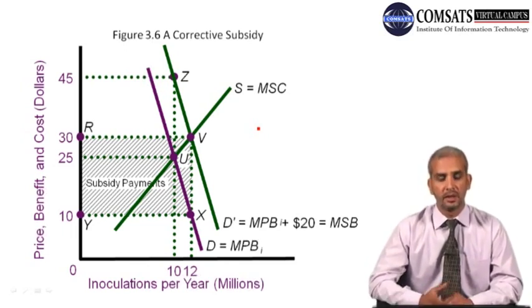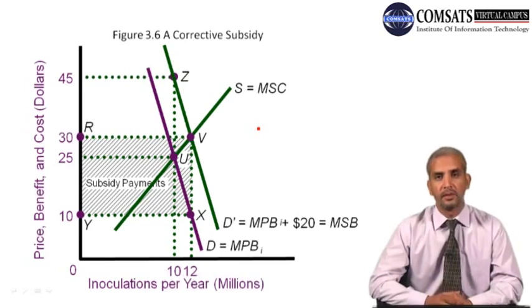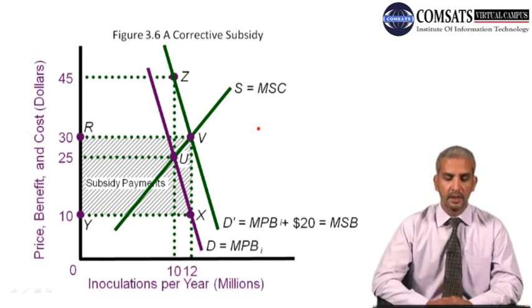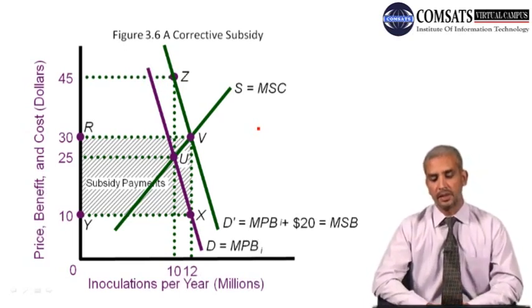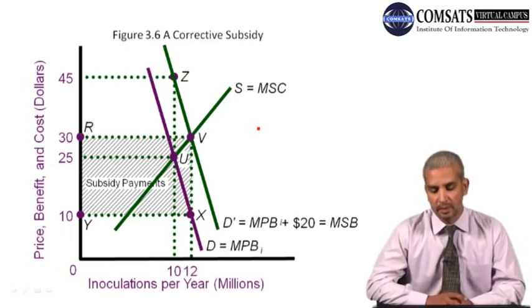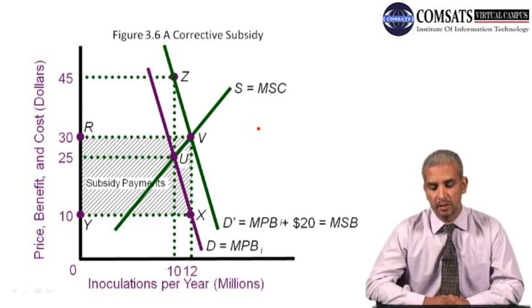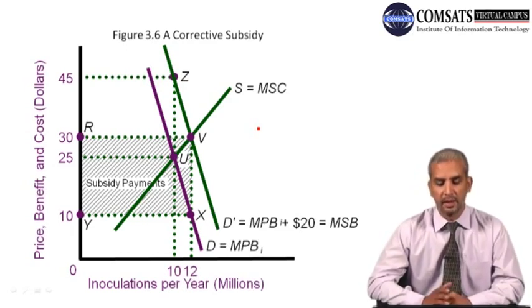Now if that dollar value is added to the price of 25, to internalize it, the total price would be $45 at point Z. At this point the marginal social benefit, which is the marginal private benefit of 25 plus the marginal external benefit of 20, is equal to the total social marginal benefit represented by D slash, and the curve would shift and the point would be Z and price would be 45.